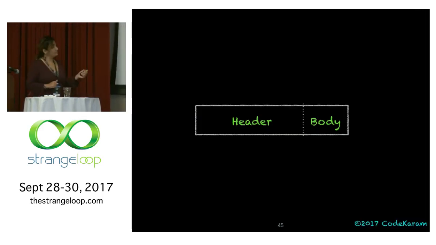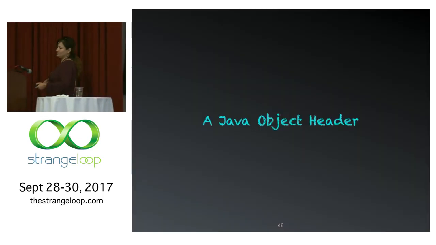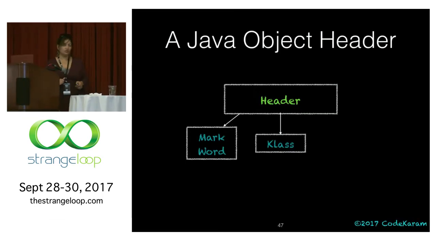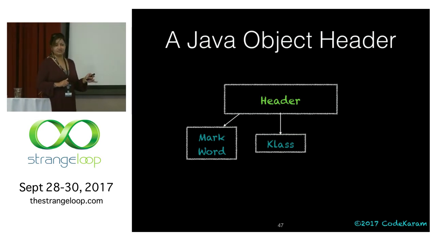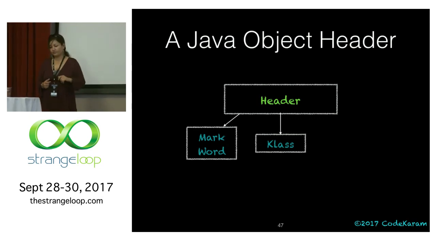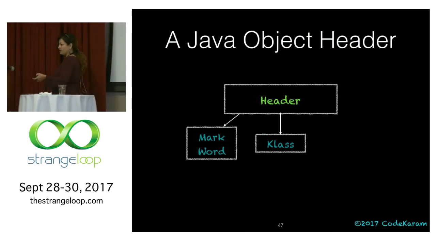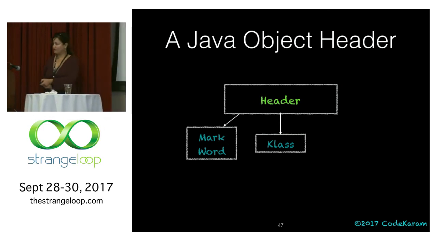So, Java object. Remember, I said header and body, right? So what's in the header? A Java object header will have a mark word, which is native sized, based on your native pointer size, and a class pointer. The class pointer is what we compress when we use the compressed oop optimization.